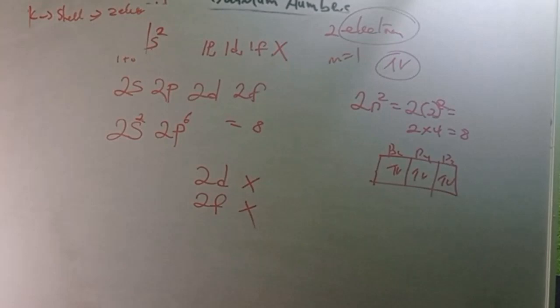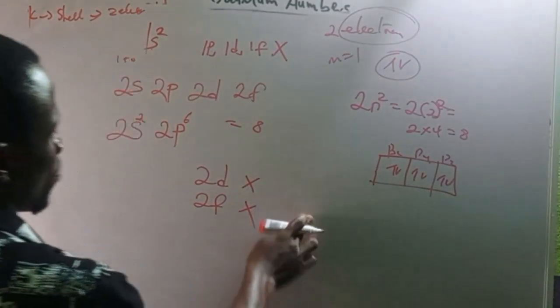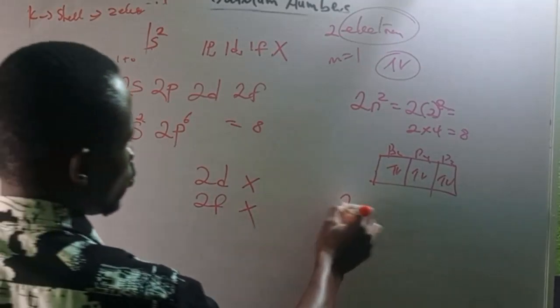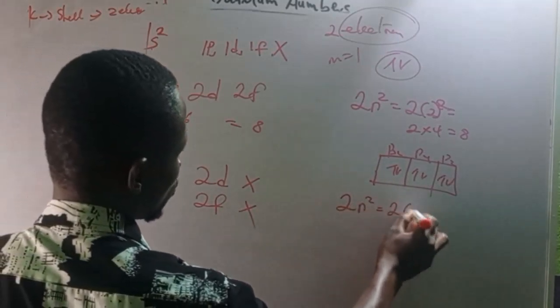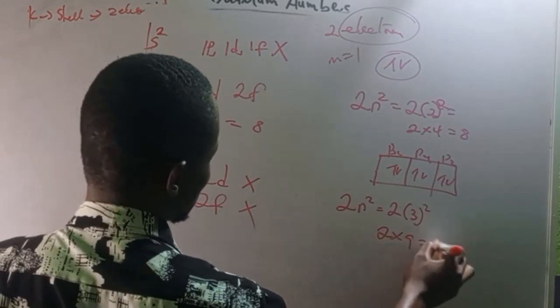If we go to the third energy level, remember how many electrons can occupy the third energy level? 2n square again, 2 times 3 square, right? 2 times 9, 18 electrons.